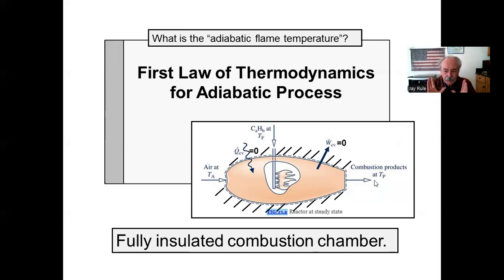Your common sense tells you that if there is heat transfer across this boundary, the combustion products would be at a lower temperature than if this were fully insulated. So that's the physical meaning of the adiabatic flame temperature: there's absolutely no heat transfer crossing the system boundary. And also, of course, for this combustion chamber, there's no output power as well.